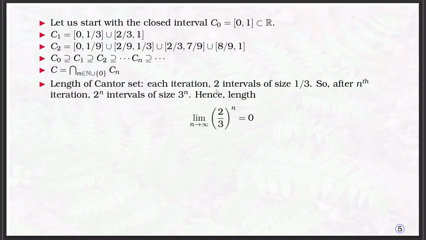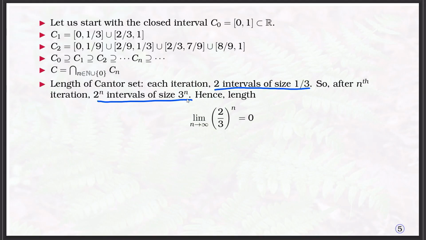After the first iteration we have 2 intervals of size 1/3, so after the nth iteration one gets 2 power n intervals of size 1/3 power n. This is a decreasing sequence of lengths. Therefore, in the limiting case, the length of the Cantor set is equal to 0. So literally the length of the Cantor set is 0.